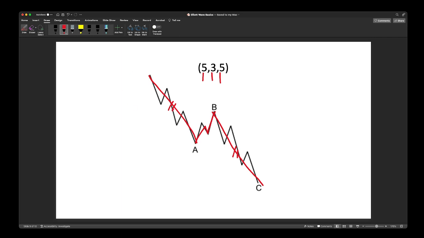If you notice, this B is made up of 3 waves. What does 3 waves mean? Anything that's in the form of 3 waves is counter trend. Here, clearly, after this point, the trend is downwards. So these are considered motive waves because they're with the trend.